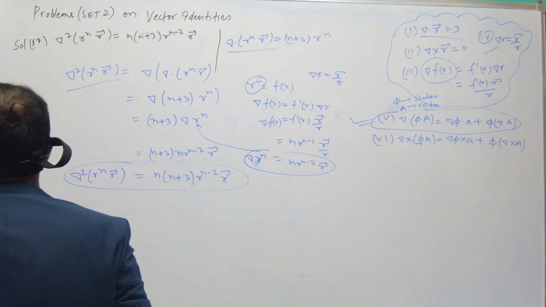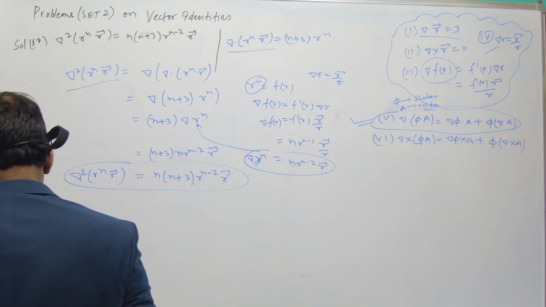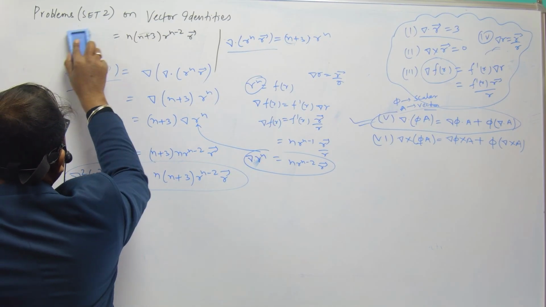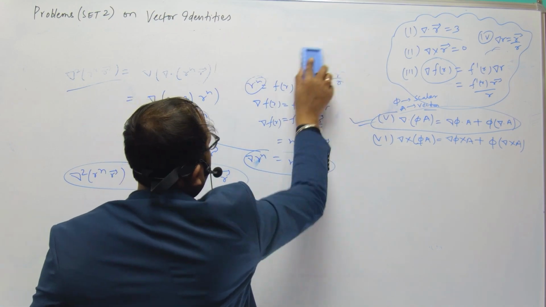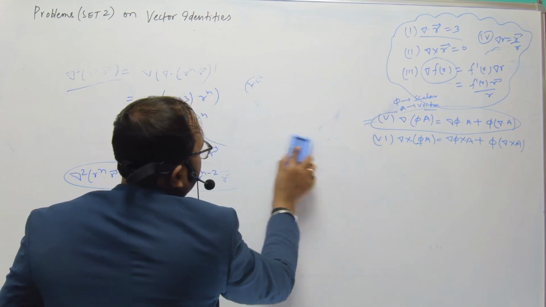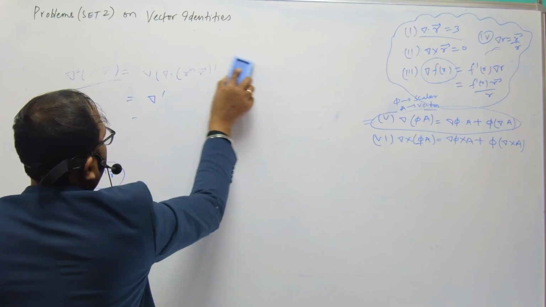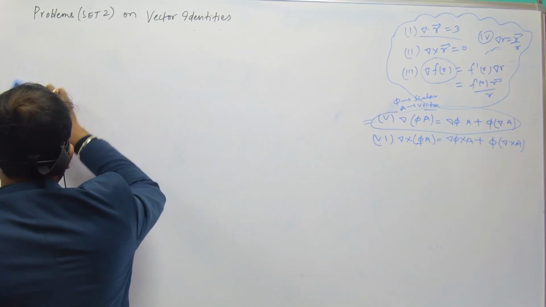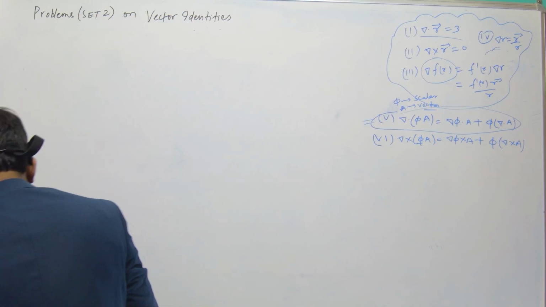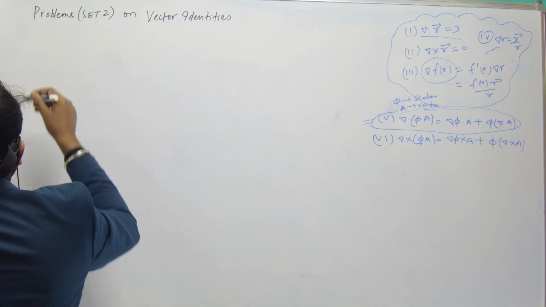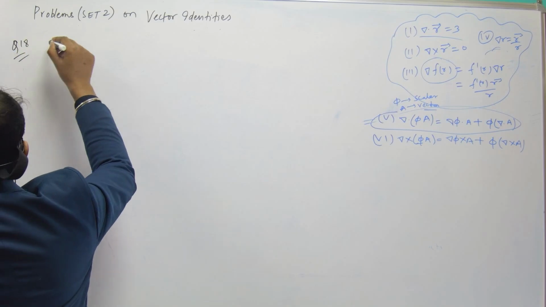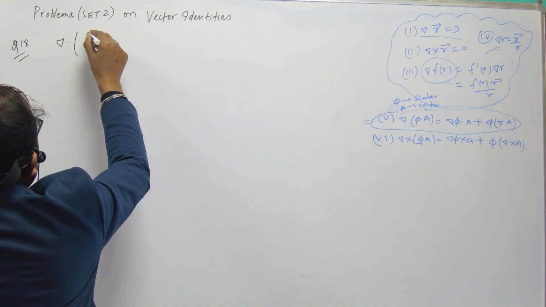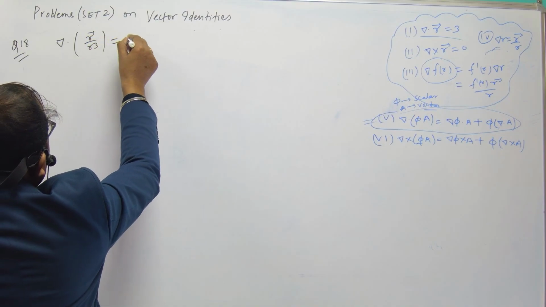Okay, now let us discuss question number 18. Prove that the divergence of r vector upon r cube equal to.